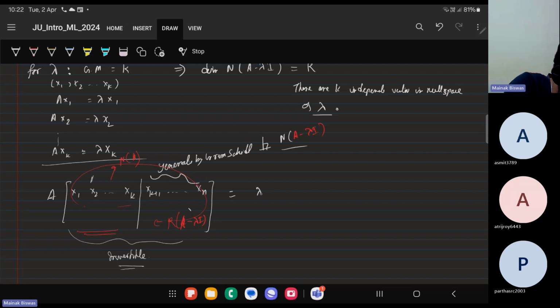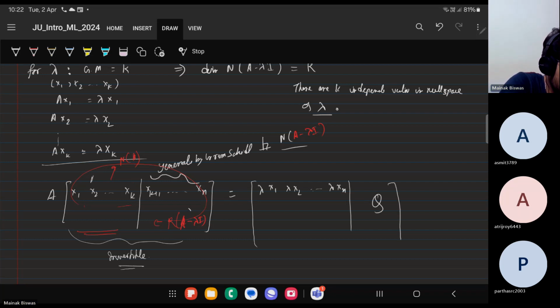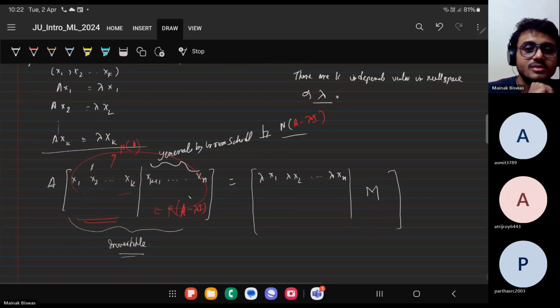So now what can I write? Can I write this as lambda x1, lambda x2, ... lambda xk and some matrix? Let us write this as Q matrix, not M. Doesn't matter.